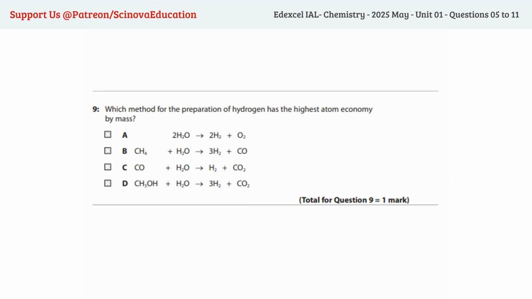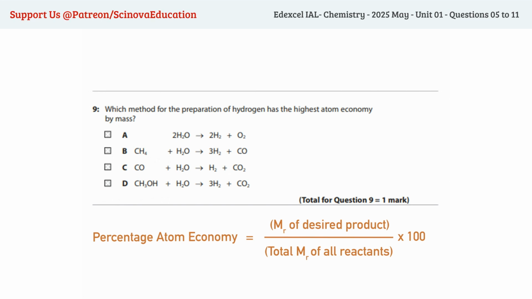Question 9. Which method for the preparation of hydrogen has the highest atom economy by mass? If you remember, the percentage atom economy is given by mass of desired product divided by total mass of all reactants times 100. So, the higher the mass of desired product produced, the higher the percentage atom economy.